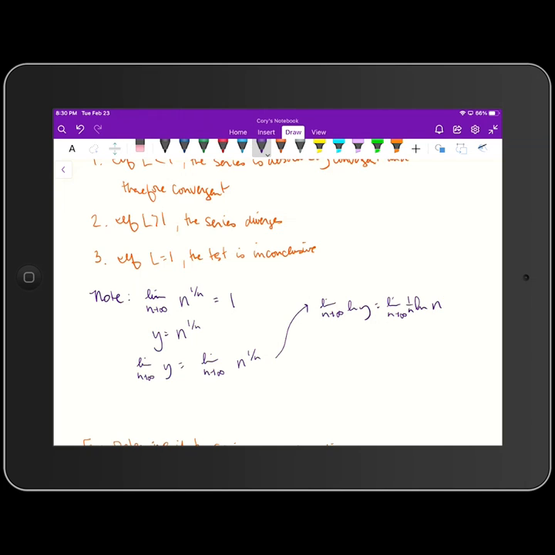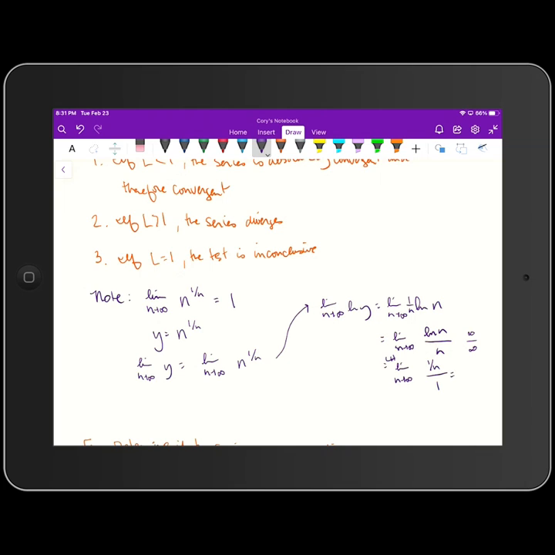Essentially, on the right-hand side, what I have is the limit as n goes to infinity of the natural log of n divided by n. As n gets large, both the numerator and denominator go to infinity. So that's a candidate for L'Hopital's rule, which gives me the limit as n goes to infinity of the derivative of the numerator, 1 over n, over the derivative of the denominator, 1.